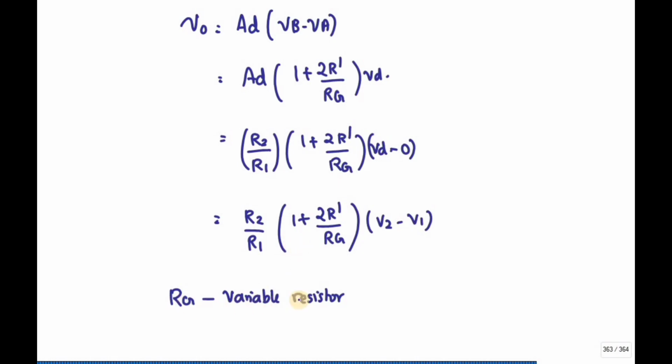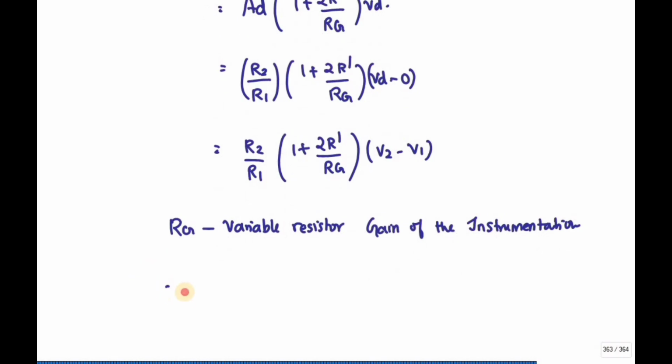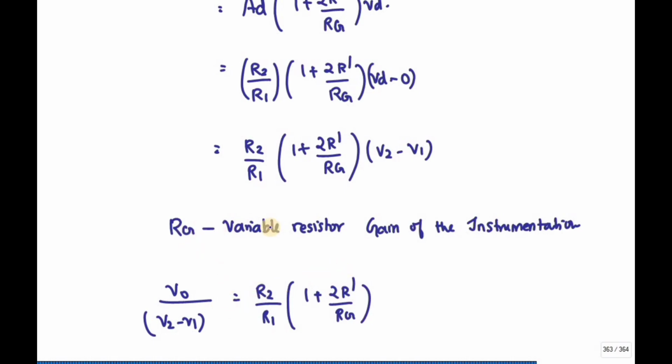So if I change the value of this resistance RG, the gain of the instrumentation amplifier changes. So this is my gain, right? V naught by V2 minus V1 is equal to R2 divided by R1 into 1 plus 2R dash divided by RG. So if I change the value of RG, the gain of the instrumentation amplifier will get changed.